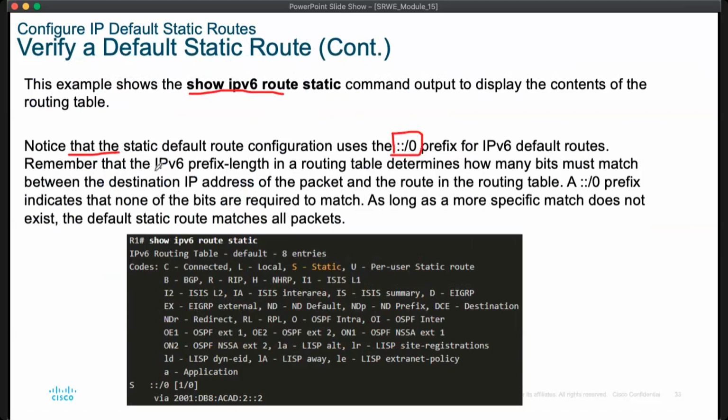Remember the IPv6 prefix length in a routing table determines how many bits must match between the destination IP address of the packet and the route in the routing table. So the /0 prefix indicates that none of the bits are required to match, as long as a more specific match does not exist. The default static route matches all packets.